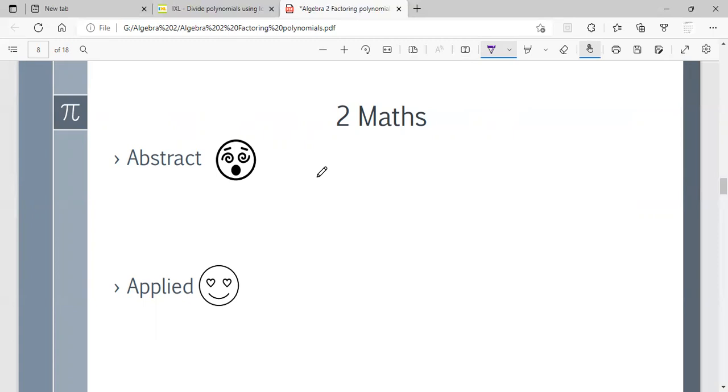One is abstract, one is applied. Abstract means that you can't touch it. Applied, you can touch it or do something with it.